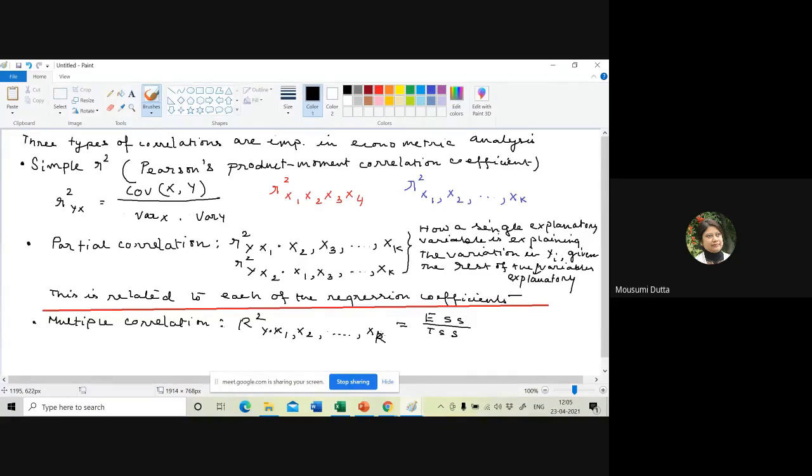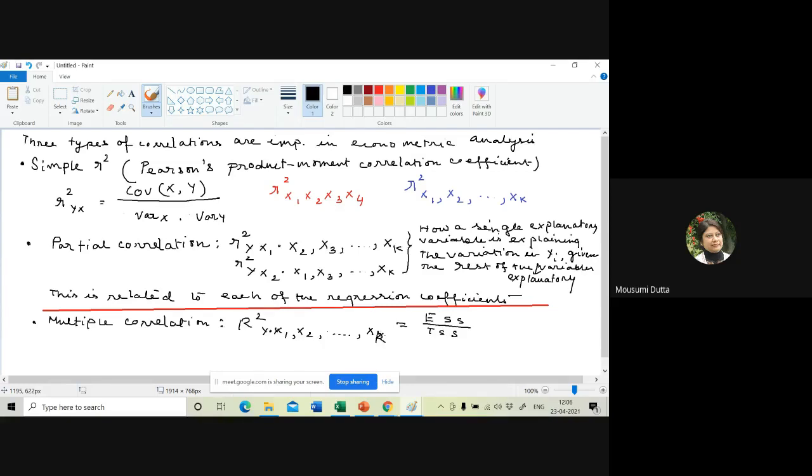That is, I have to consider all the explanatory variables we have in the regression model and their impact on y. So now I'm not considering one variable at a time given the rest.